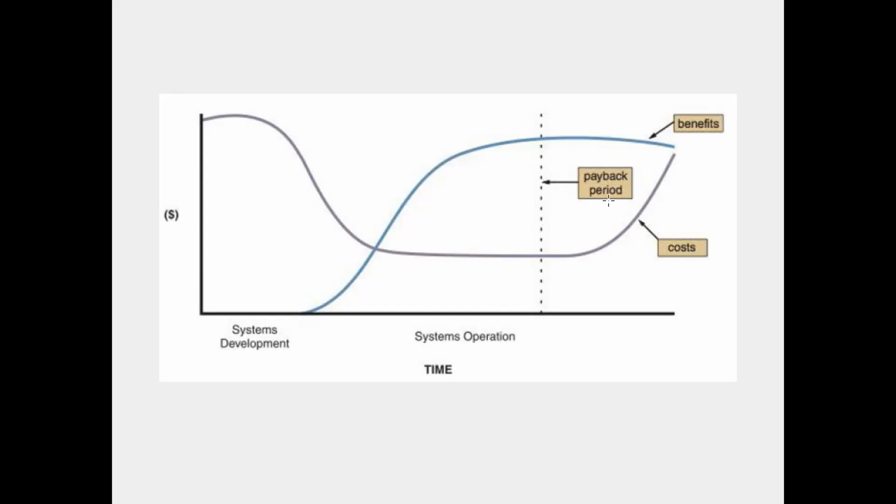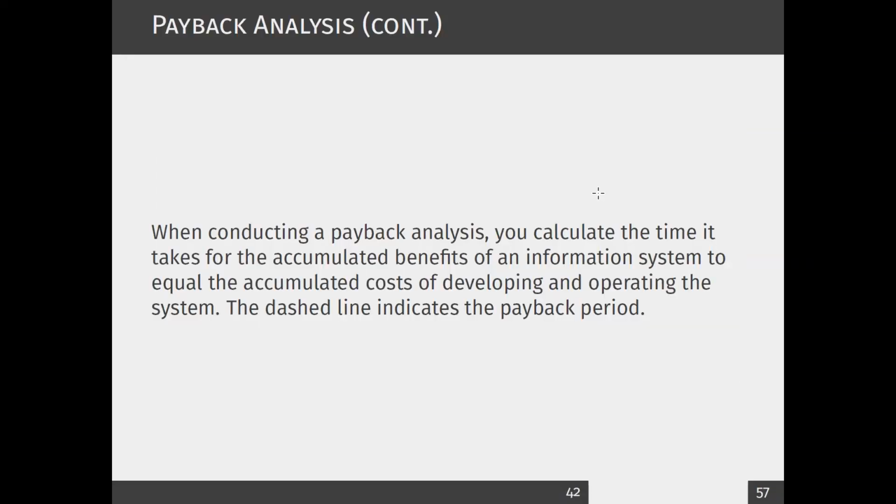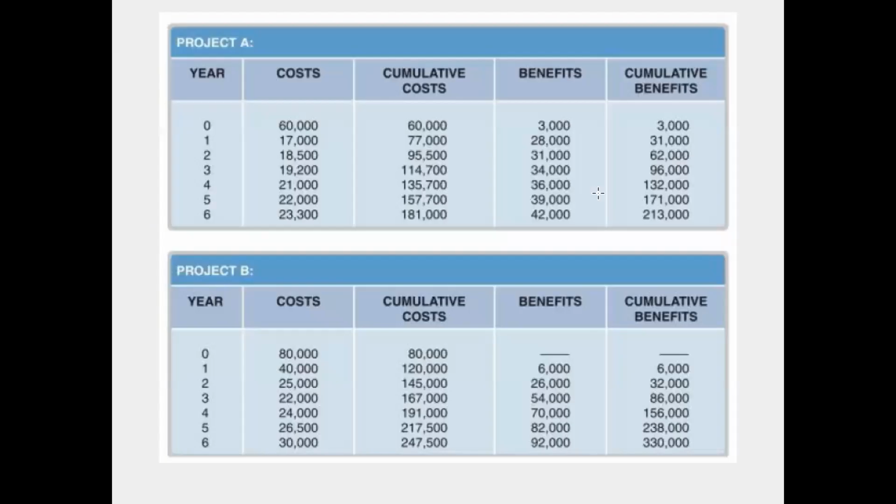It's something like how long you are going to wait to get back the amount that you have actually spent. And simply that is what we call the payback period, right? So in payback analysis, as we discussed already, we calculate the time taken for the accumulated benefits to equal the accumulated costs, right? And last time we were discussing how we can do this with a given example.